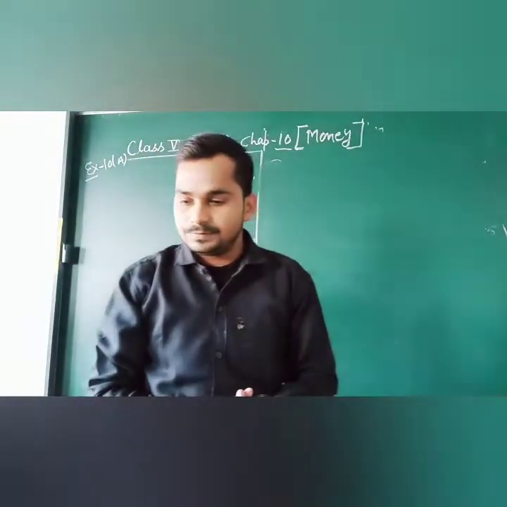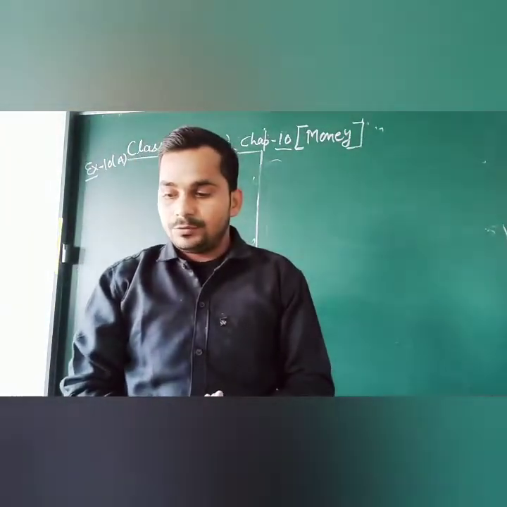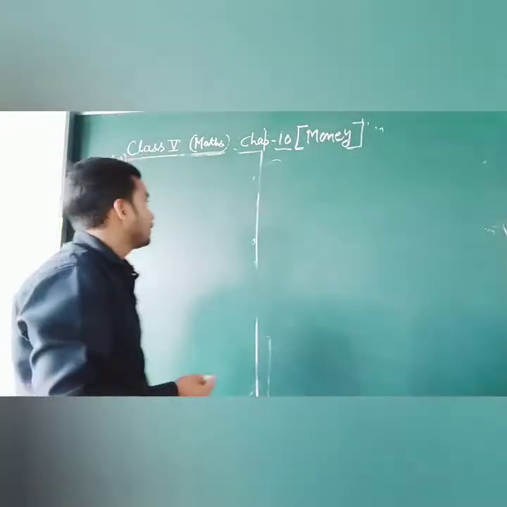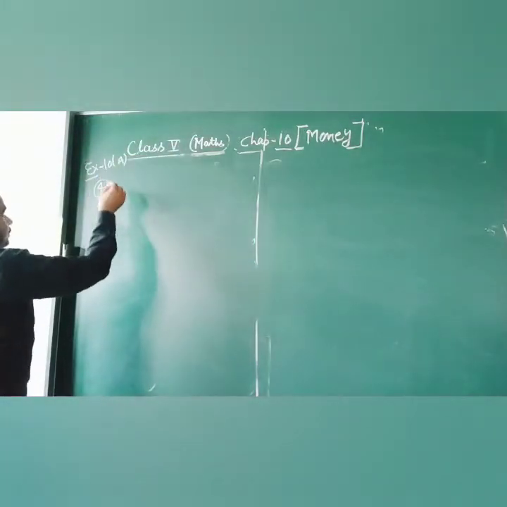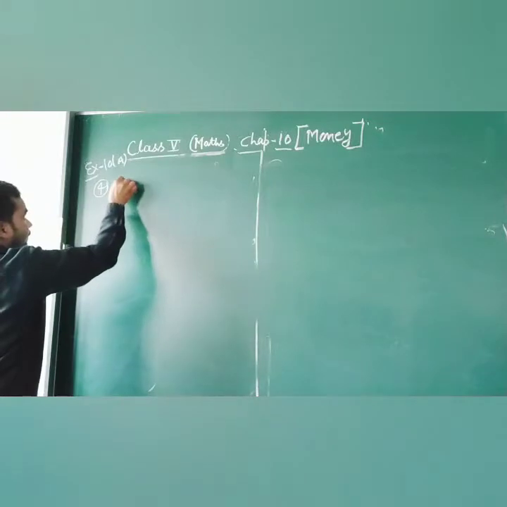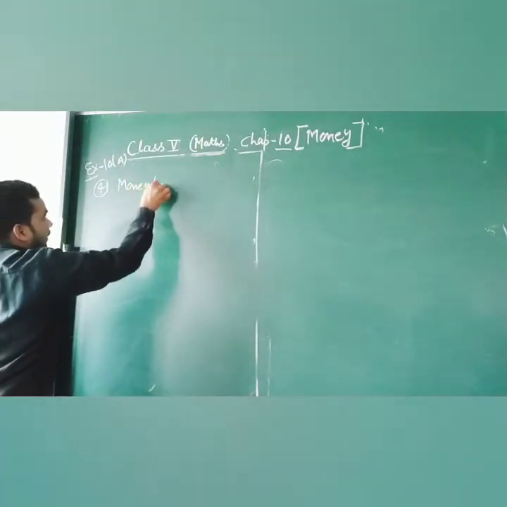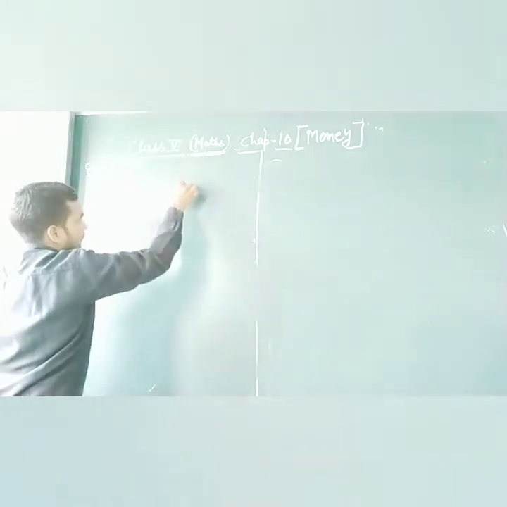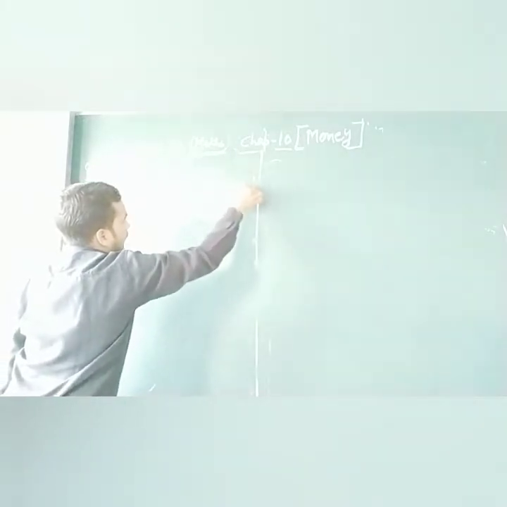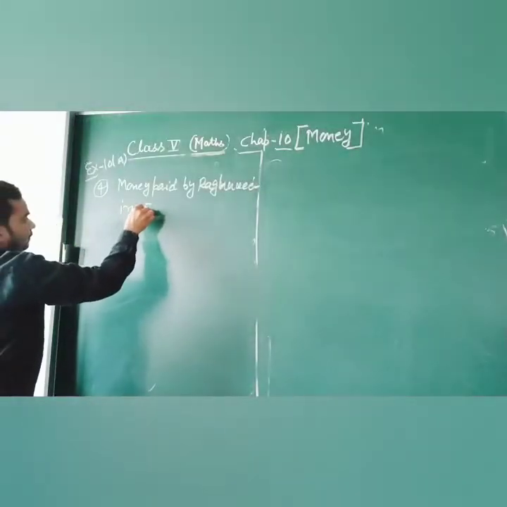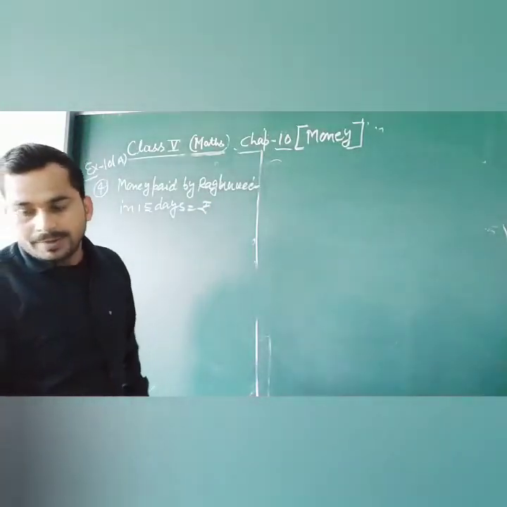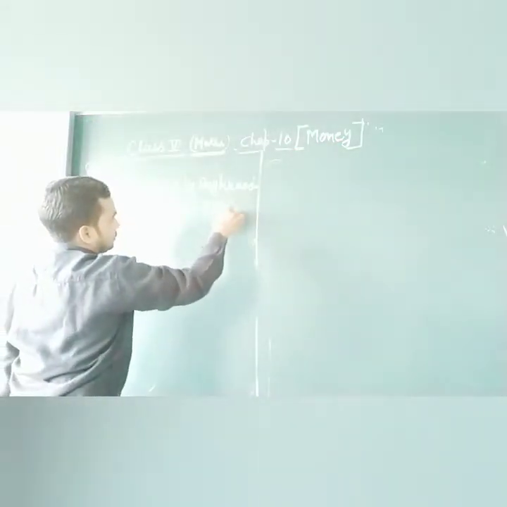Now question number 4. Raghuveer is paid 5261.25 for 15 days. Then how much would he be paid for 40 days? So money paid to Raghuveer in 15 days equals 5261.25.